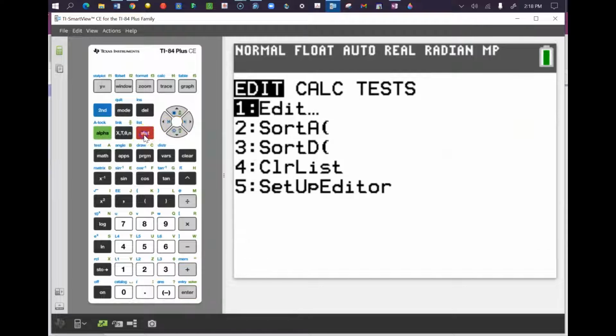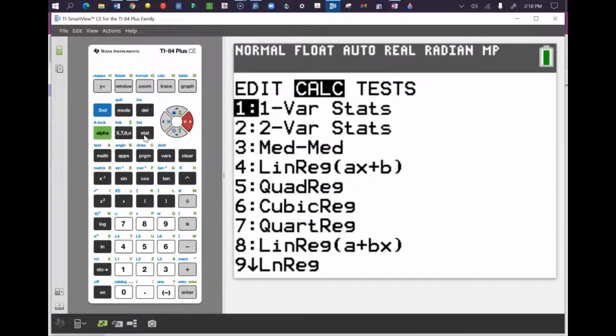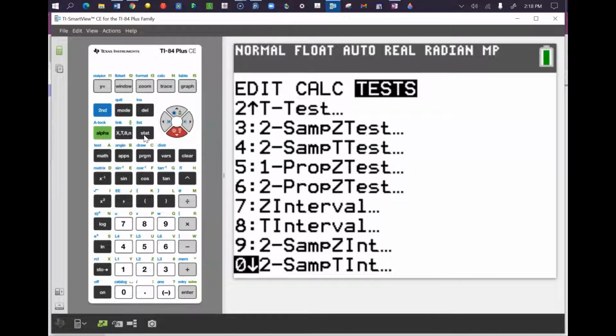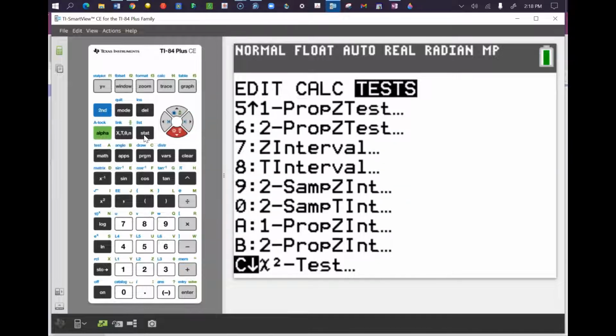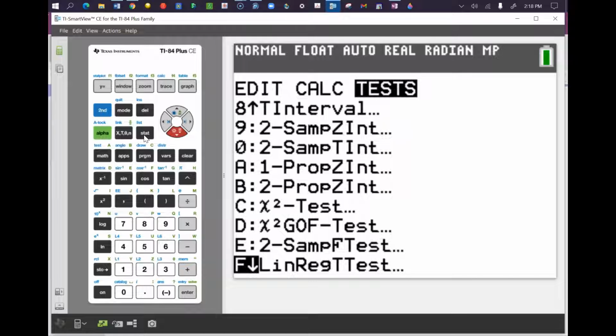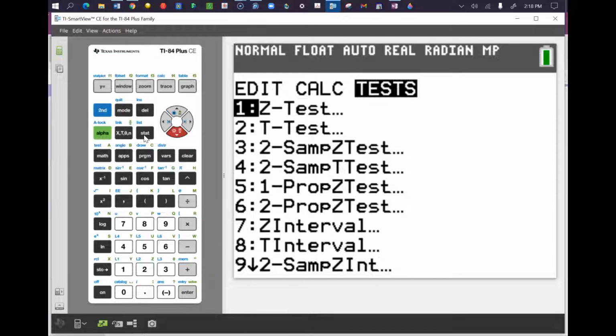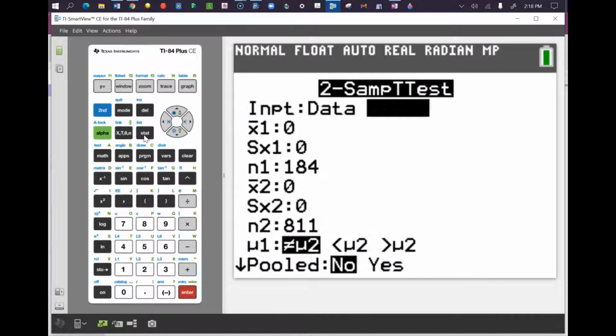I want to do a 2-sample t-test. I'd have to scroll through this. There it is, 2-sample t-test, number 4.